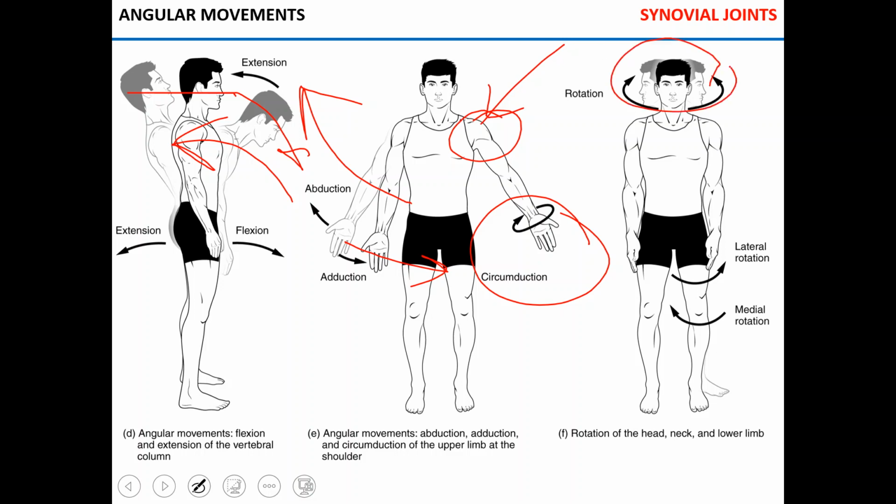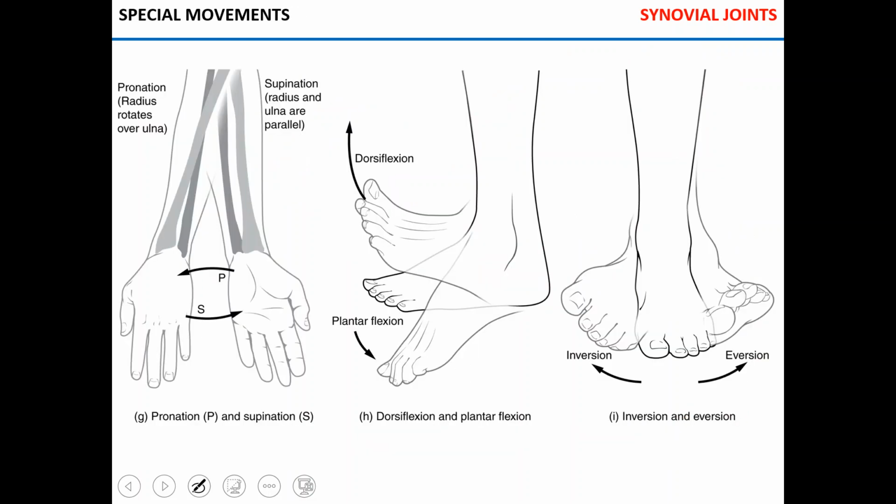Rotation. You rotate your head, or you can rotate your hip laterally or medially. Pronation and supination. When you hold your arm forward and your palm is facing up, that's supinated position. You carry a bowl of soup. When your palm is facing the floor and you stick your arms forward, that's pronated position.